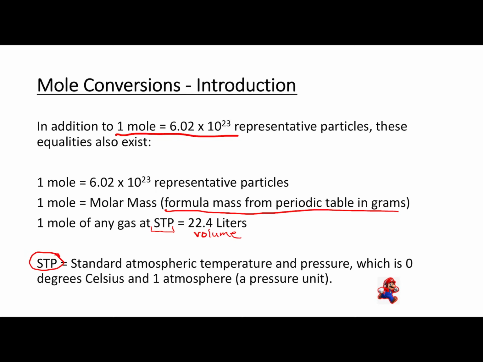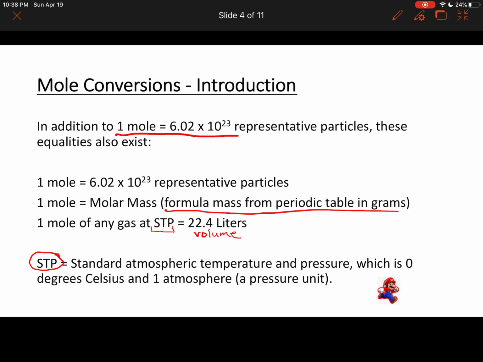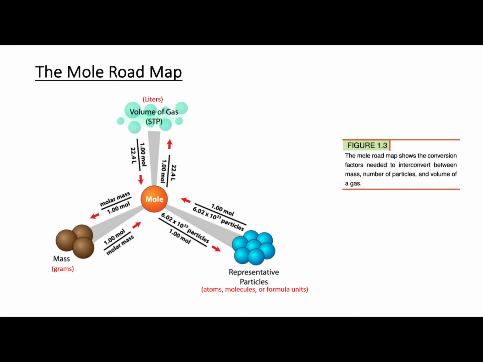On a side note, standard temperature and pressure, STP, stands for the atmospheric conditions at which the pressure is 1 atmosphere and the temperature is 0 degrees Celsius. So the tool that we're going to use here is called a mole roadmap.